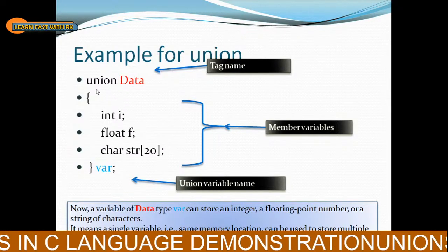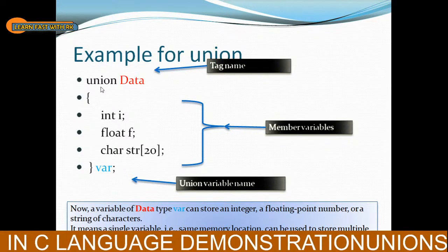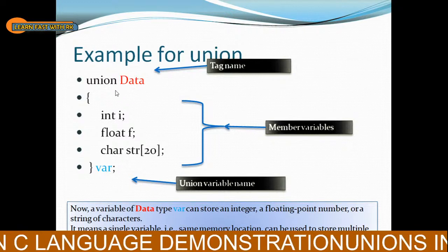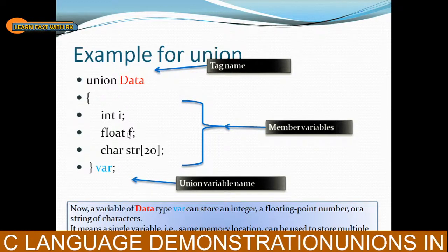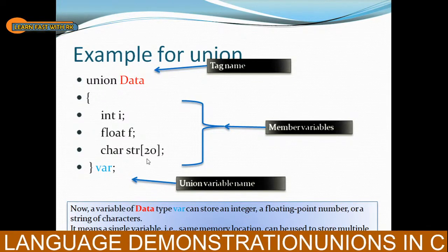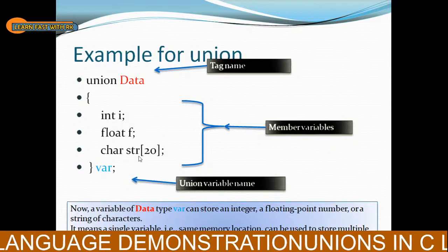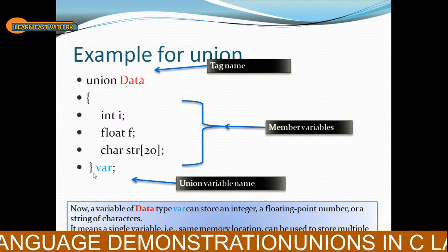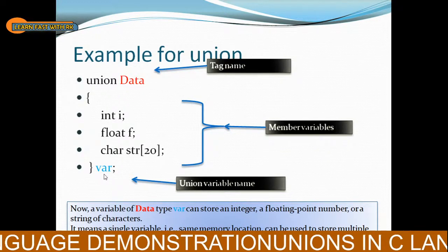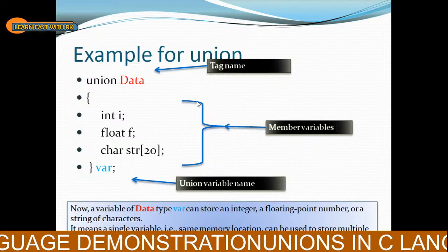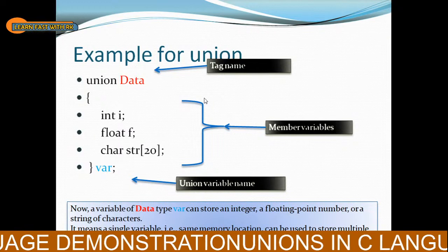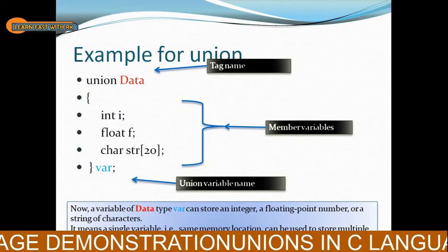Let us see this example. Here, union is the keyword, data is the tag name, and it contains three member variables. One is i, second one is f, third one is str of 20. And then there is one single variable, which is var. Now, let us find out what will happen in the case of the memory location.